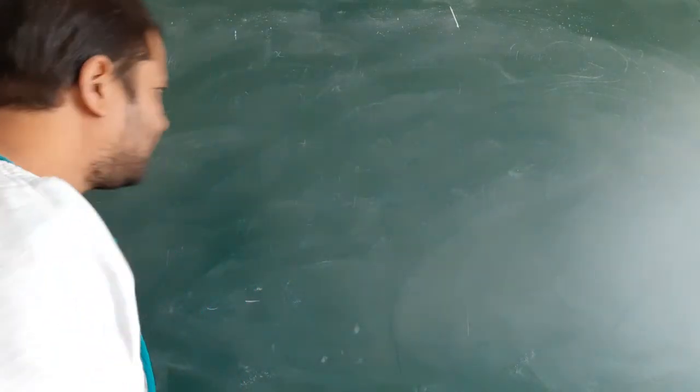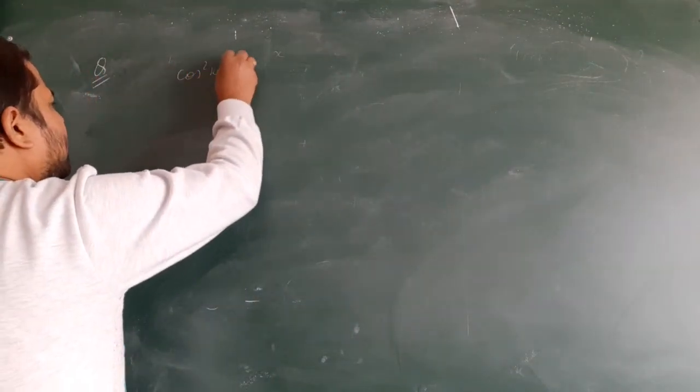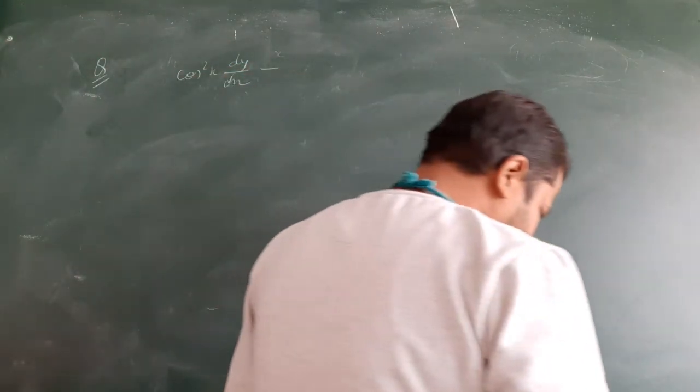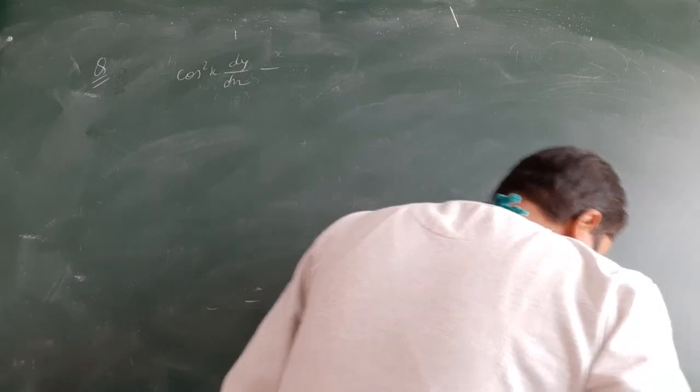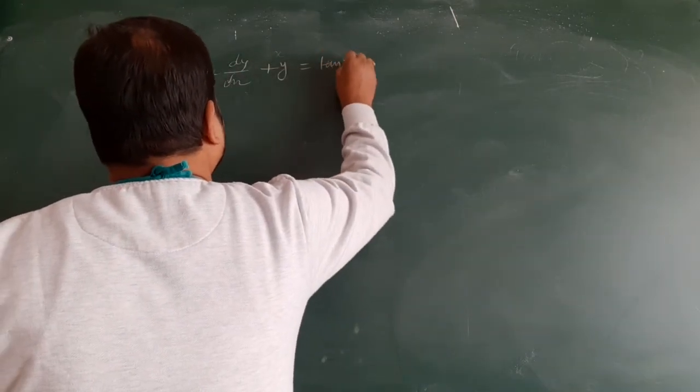Cos square x dy by dx plus y is equal to tan x.